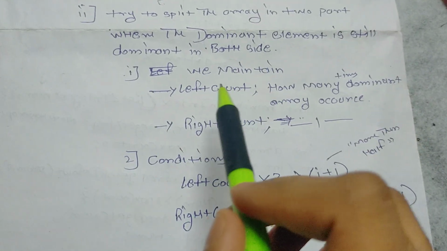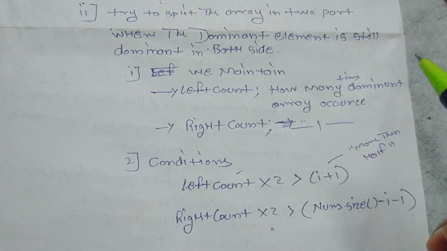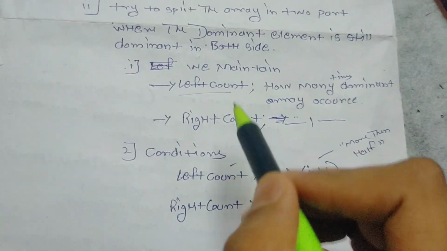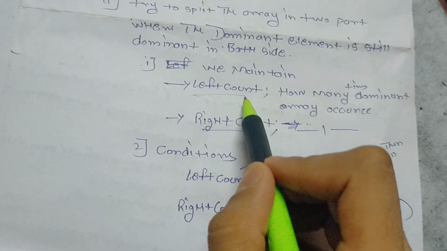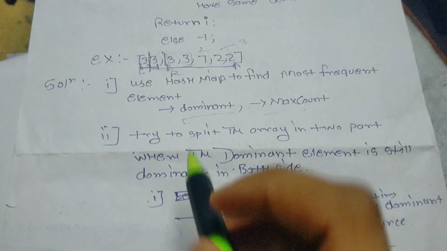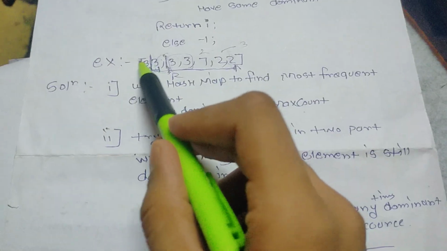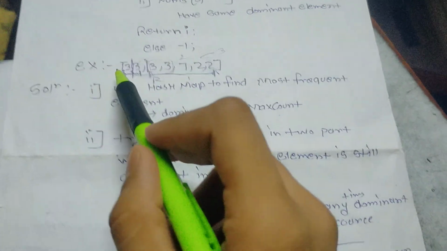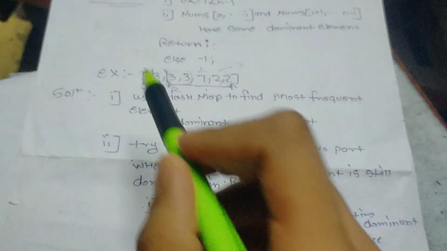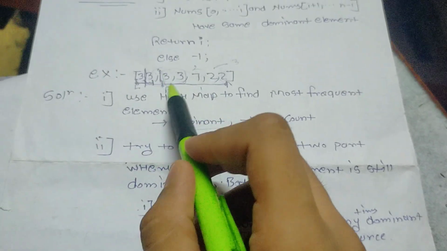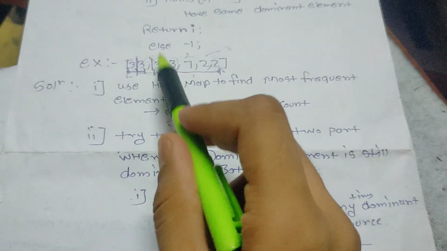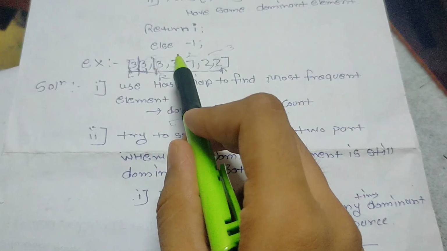First of all, we have to maintain the left and right count. Left count means how many times the dominant element occurs in the left subarray, and right count means how many times the dominant element occurs in the right array.